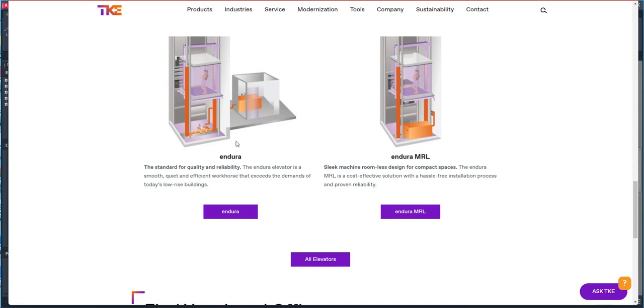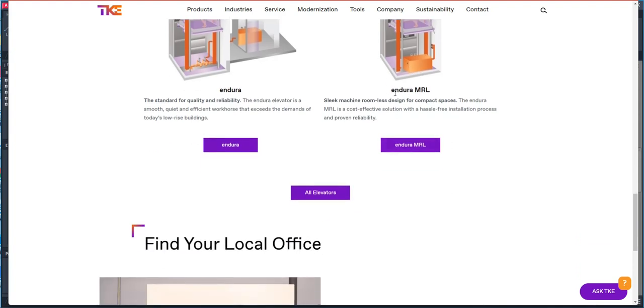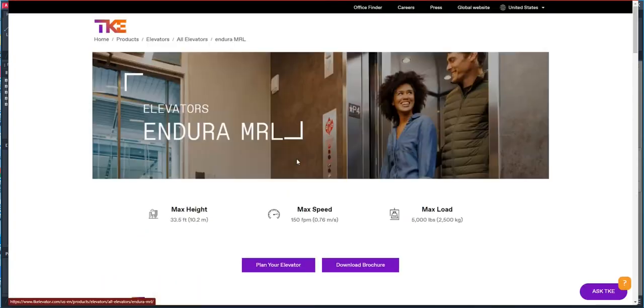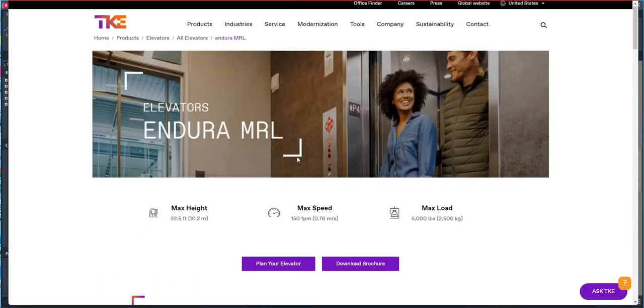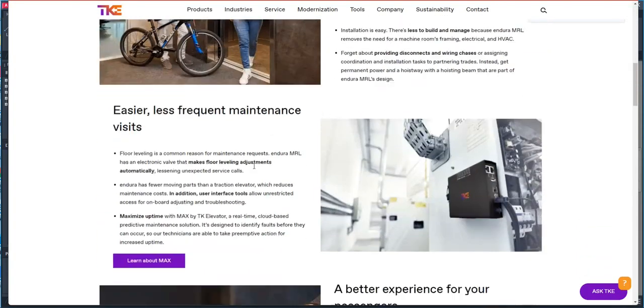And because we did not put a mechanical room, the mechanical box will be down on the pit. Okay, so we have to choose this Endura MRL, and we click on that one, and it'll tell you information.